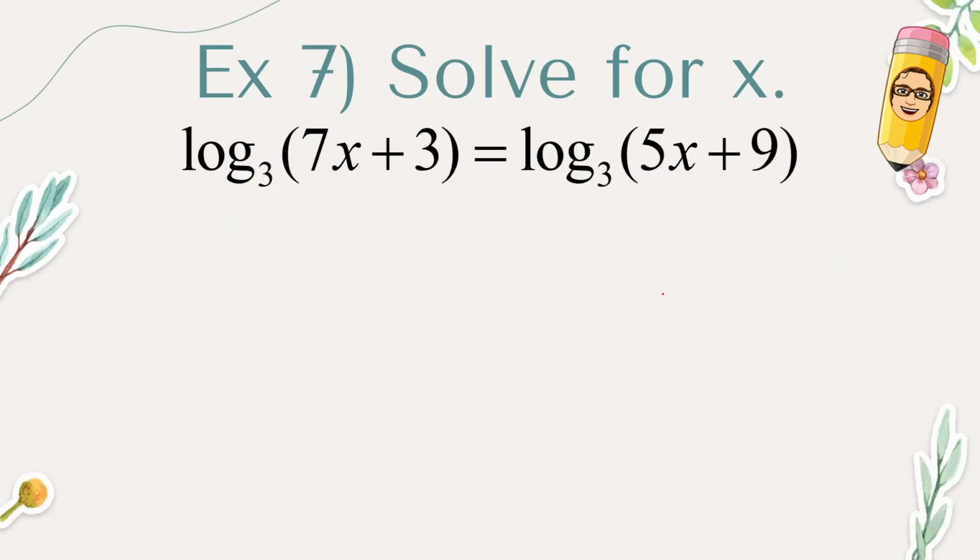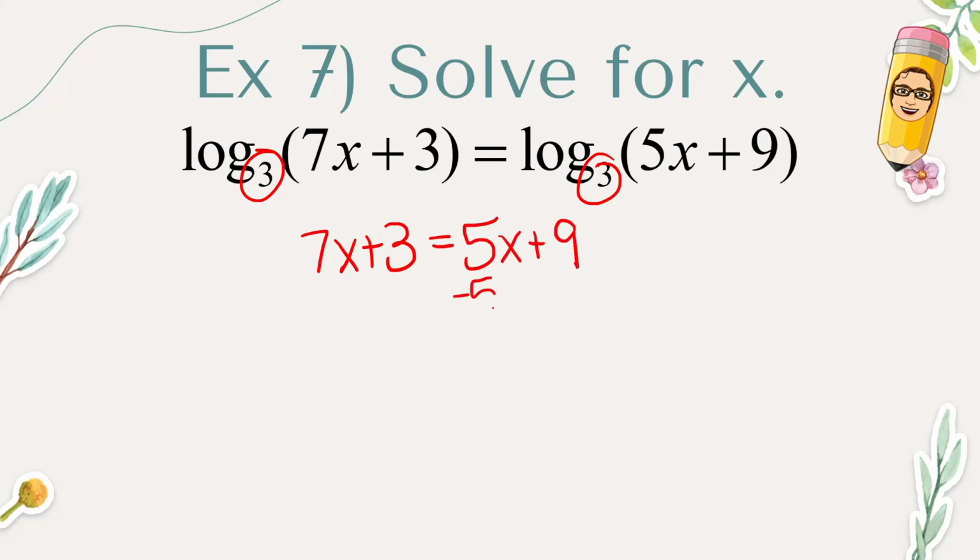This one, notice, logs are equal to one another. Same base on the log. So what I can do is just set the insides equal. So I'm going to say 7x plus 3 is equal to 5x plus 9. Solving quick. Good old easy math here.